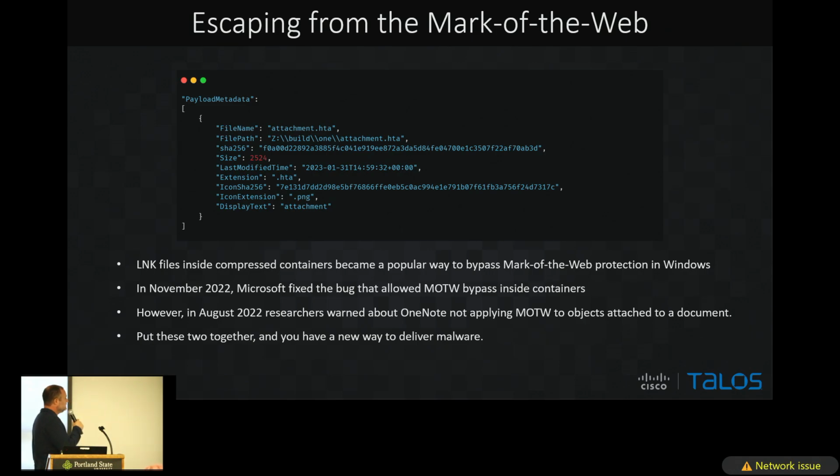So we had something interesting. You have link files not working as intended anymore because of the mark of the web, and you have a new file format that doesn't apply mark of the web. So when you put these two together, you have a new delivery mechanism. That is what happened there. And OneNote is interesting because it also has a lot of metadata in the file.